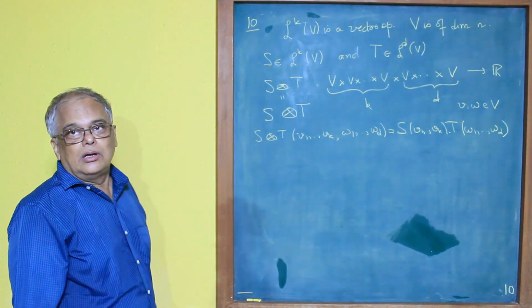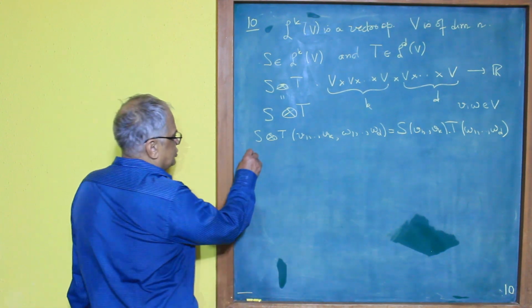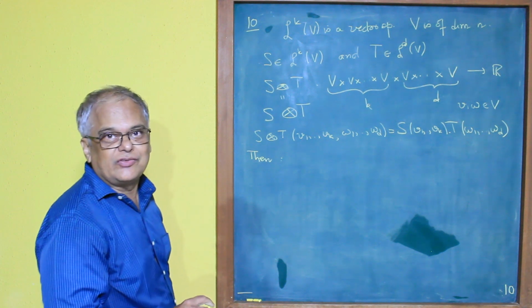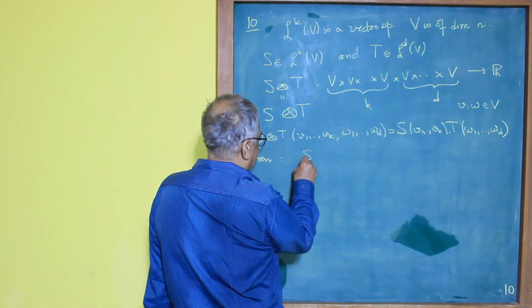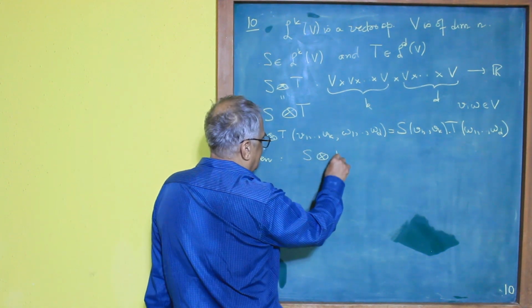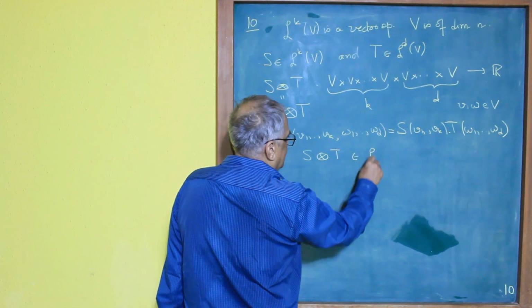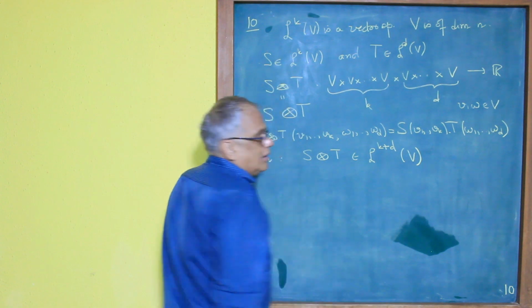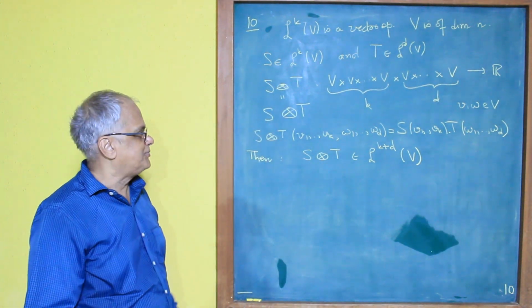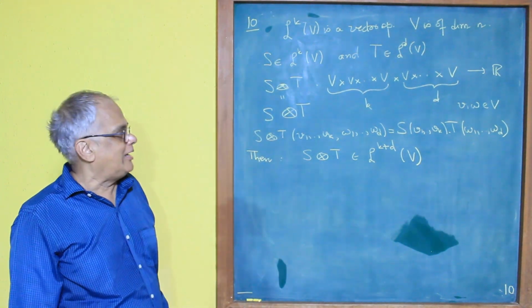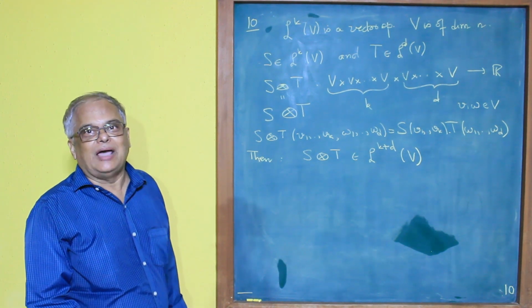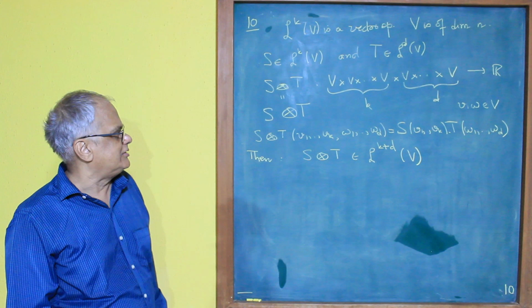And what we can show is a theorem which says that S tensor T, S product T, is an element in K plus D multilinear maps on V. This is more or less clear, just think of it.